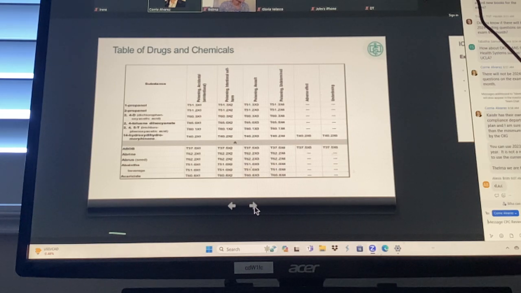One of the columns is adverse effect. An adverse effect is when a drug is correctly prescribed and properly administered, but the patient has an adverse effect to the drug. So for example, a lot of times kids take erythromycin, that pink medication you keep in the refrigerator for earaches.